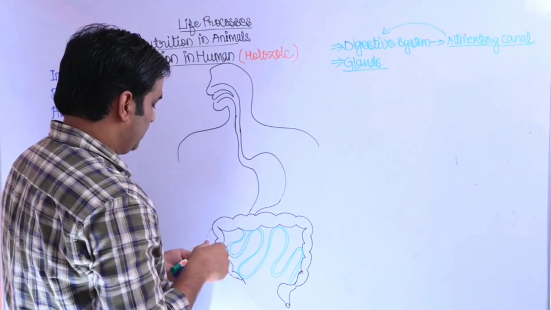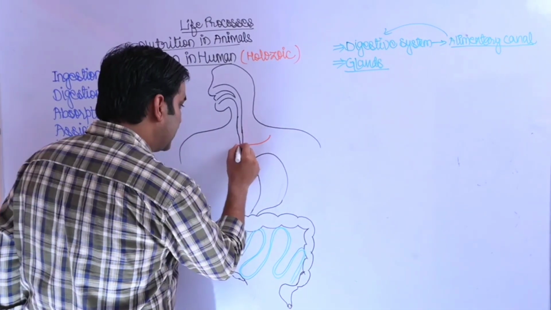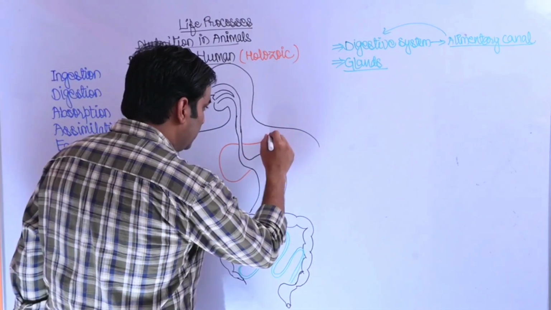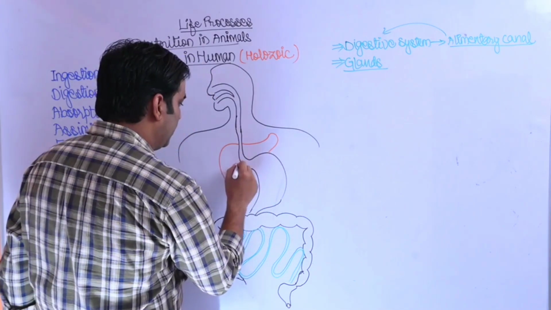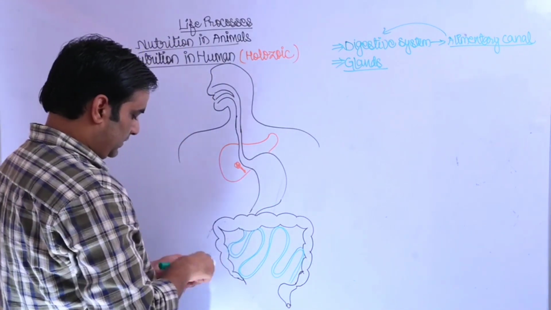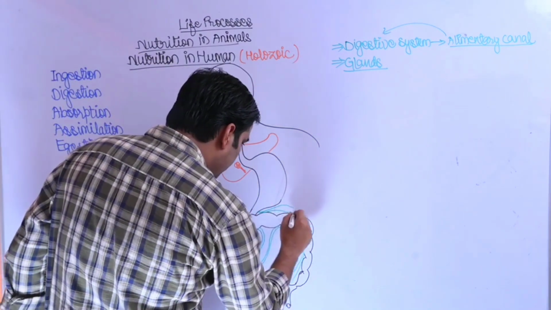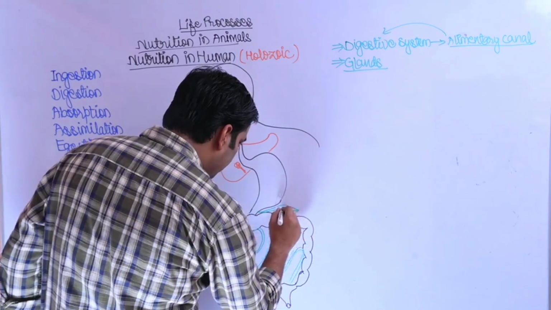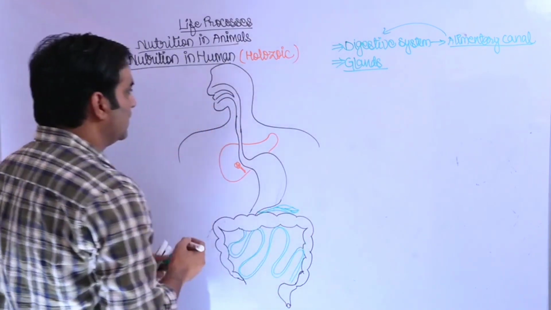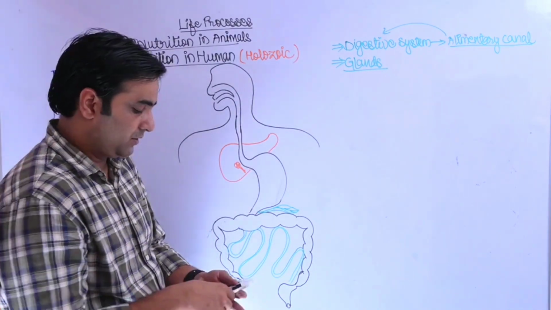This is another structure, the liver, the biggest gland of the animal body. Another gland is present, a leafy structure like this, called the pancreas, and this is the complete structure of the human digestive system.